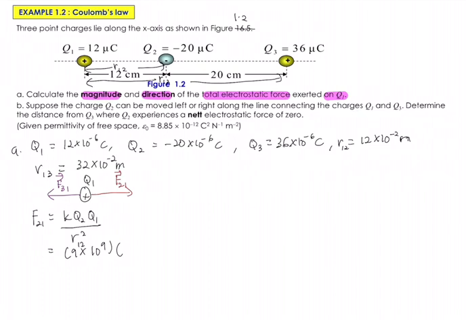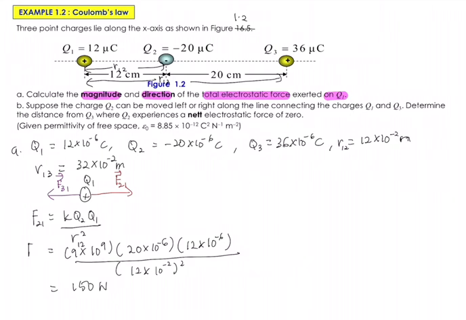Q2 is 20 times 10 to the power of negative 6, no need to write down the negative. Q1 is 12 times 10 to the power of negative 6, divided by 12 times 10 to the power of negative 2 squared. So your F21 is 150 Newton.